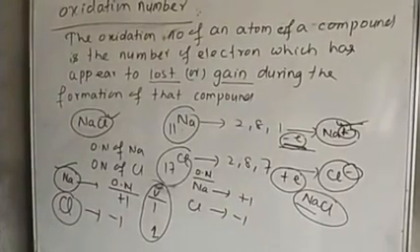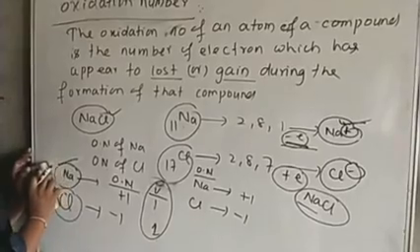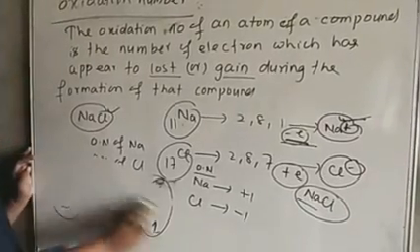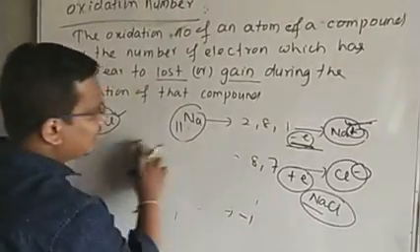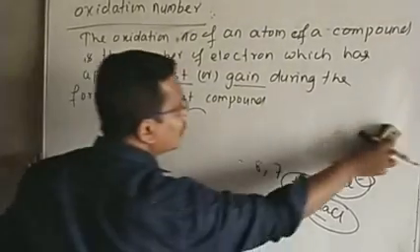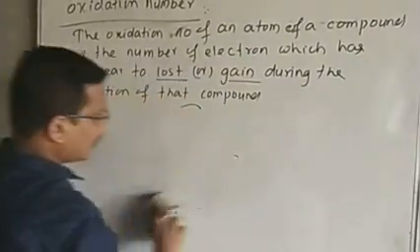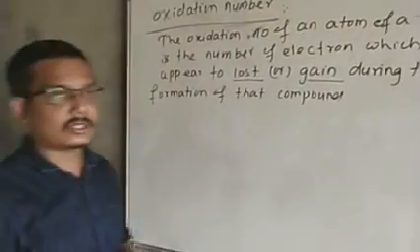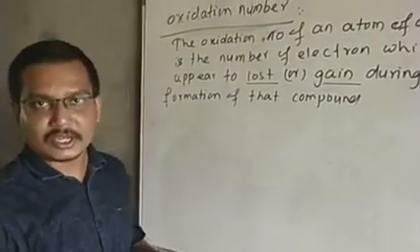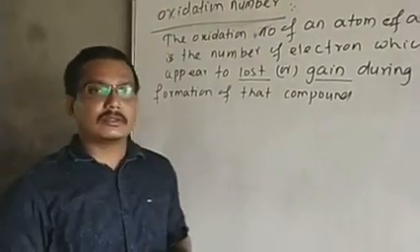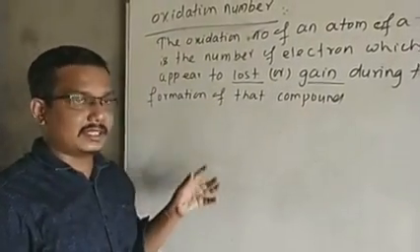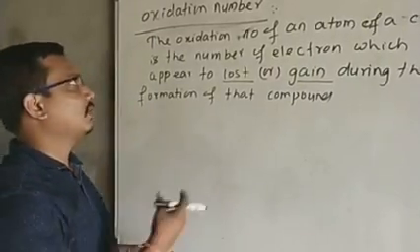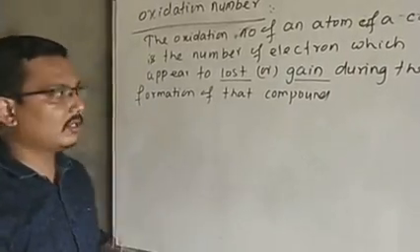That means oxidation number is generally related to the number of electrons. As a result, the charge which arises after loss or gain, the atom must carry a positive charge or negative charge. Depending upon the charge, we can calculate the oxidation number.